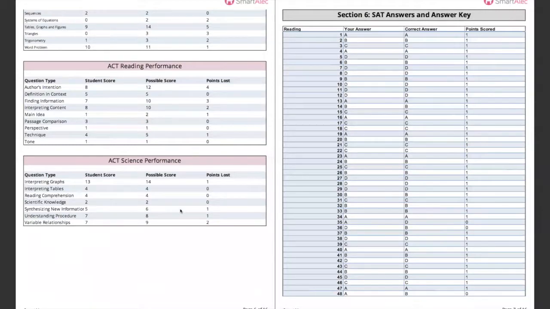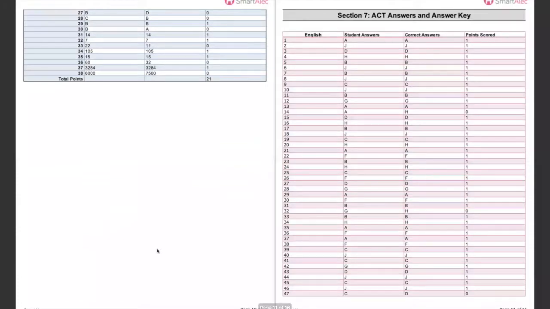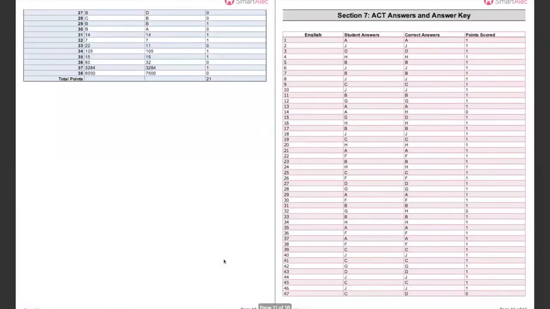Following the performance breakdown on both exams, you'll just get their answers and the correct answers and the points scored throughout the whole rest of the test. So you can see exactly where a student missed a question and make sure to go over that if you think it's relevant for the first session.